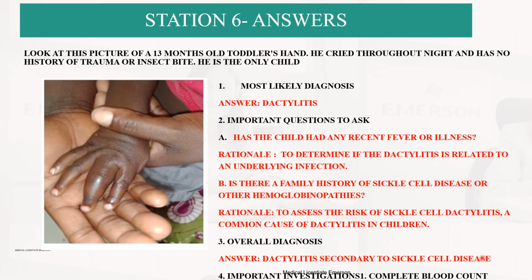Though others will tell you to put VOC, which is vaso-occlusive crisis, and in brackets they specify which type of vaso-occlusive crisis, so vaso-occlusive crisis in brackets dactylitis, then secondary to sickle cell disease.